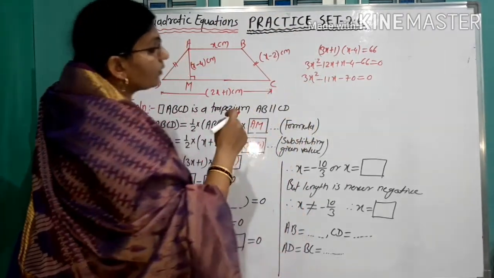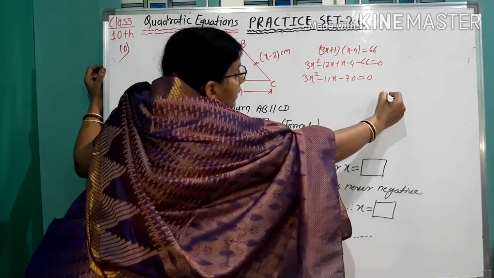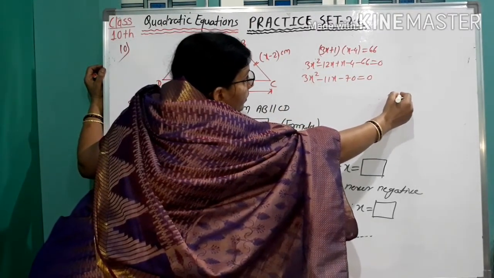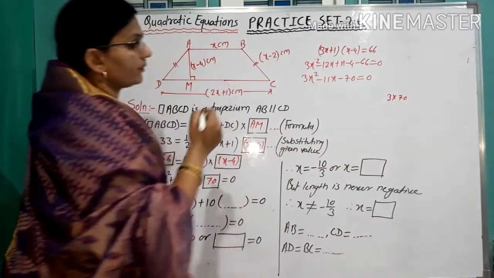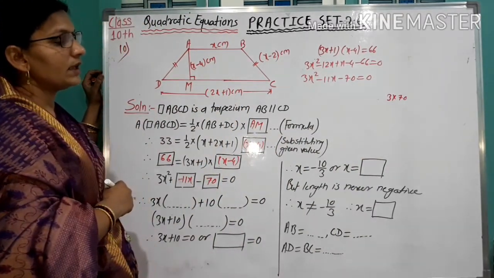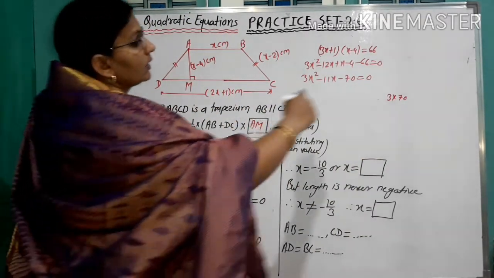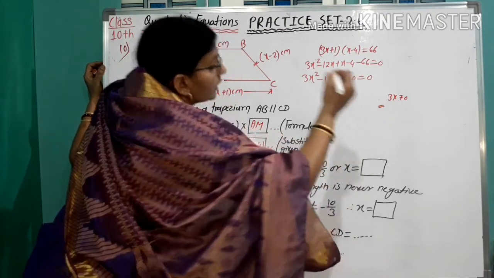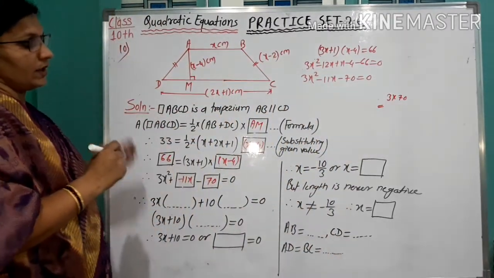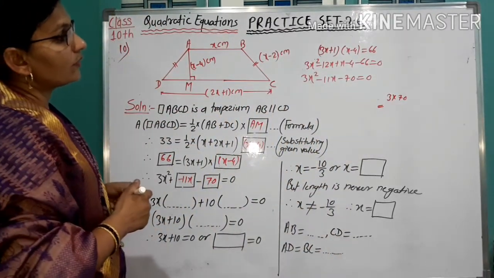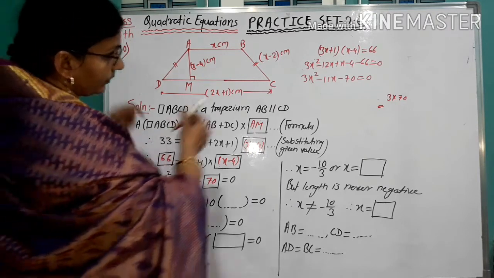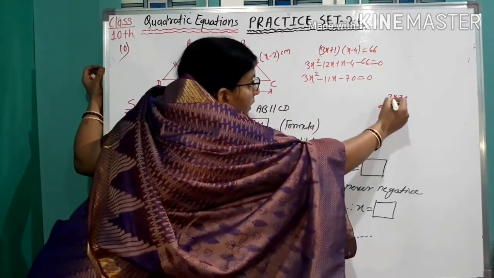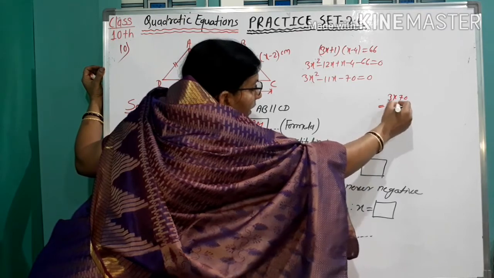Then factors of this 3 into 70, the difference is 11. Difference is 11. So factorize this. Multiplication is 210.